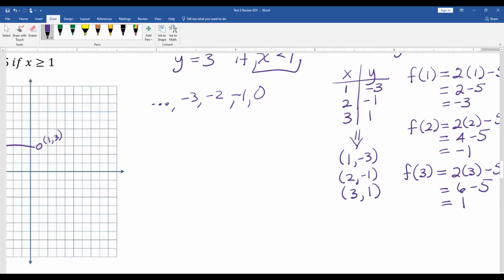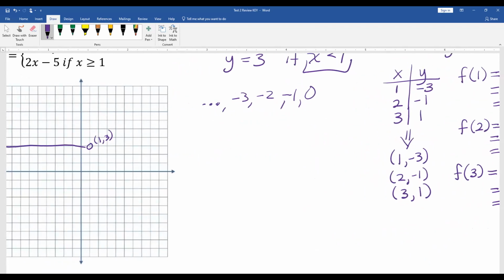All right. So 1, negative 3. The 1 tells me I go which direction? Right. And the negative 3 says I go down. So right 1, down 3. It's right here. 2, negative 1. So I go right 2. Negative 1 means I go down 1.